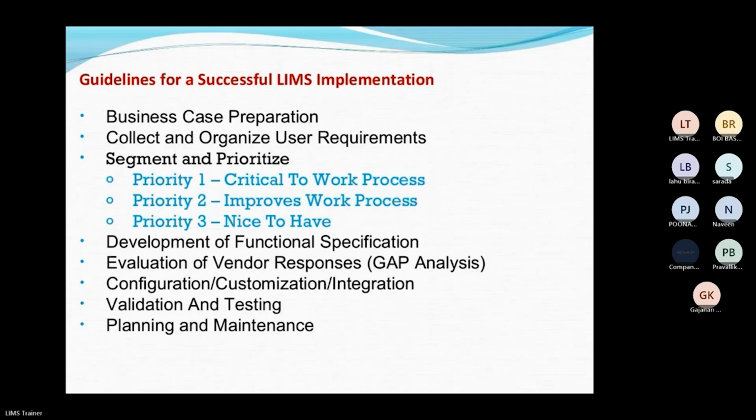This is how human error will be zero. Got my point? That's why all the industries are shifting from manual mode to auto mode. The big industries have already shifted, but for small industries or new laboratories, there is a big scope for LIMS implementation.